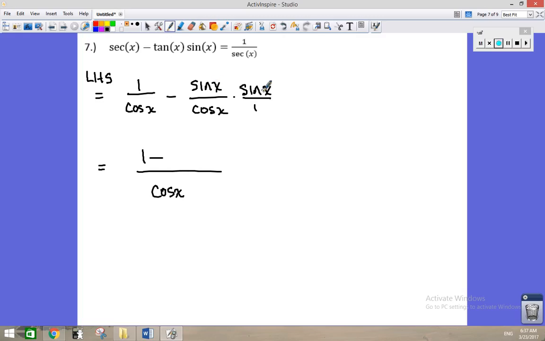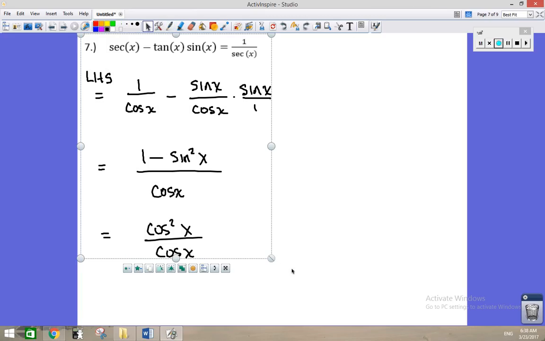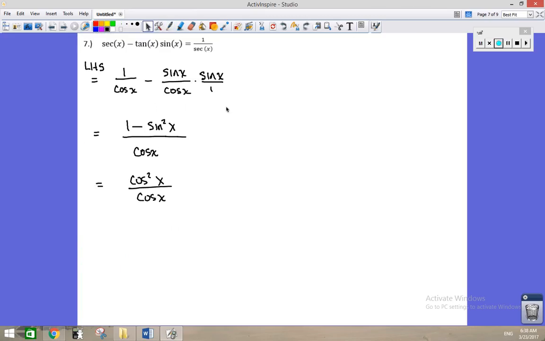And sine of x times sine of x, we abbreviate it sine squared of x. And by our Pythagorean identity, 1 minus sine squared is cosine squared. So you have two factors of cosine being divided by cosine.